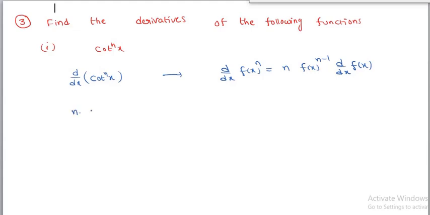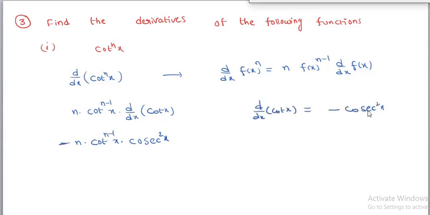So n times cot to the power n minus 1 of x, times d by dx of cot x. The derivative of cot x is minus cosecant square x. So the answer is minus n cot to the power n minus 1 x cosec square x. Write it down.